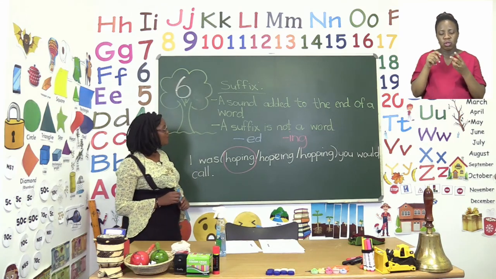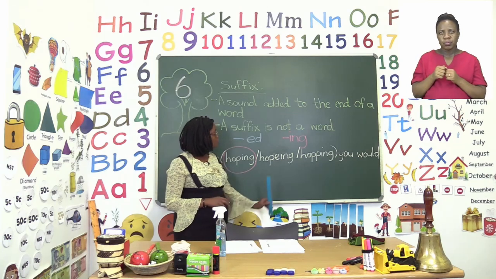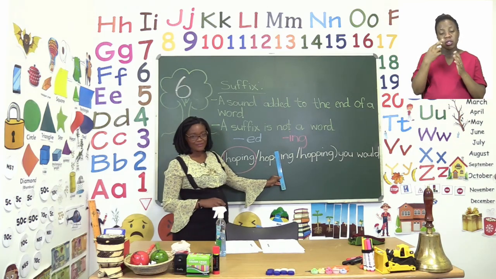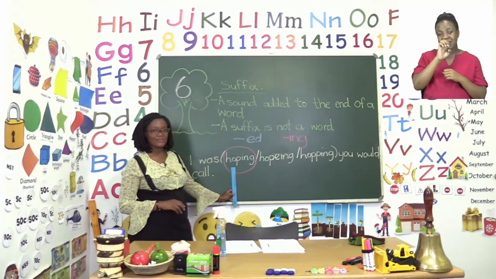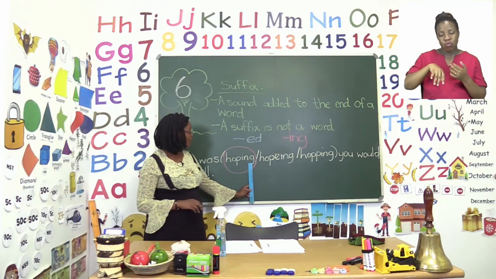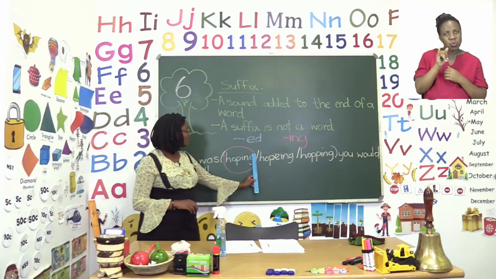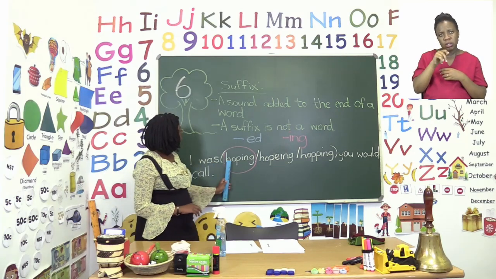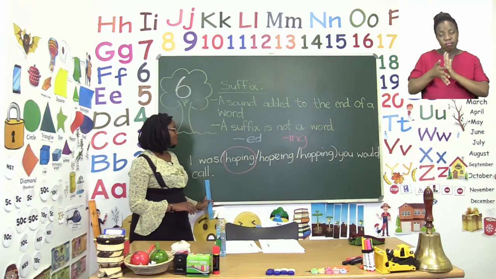Well, remember when we were dealing with ing, we said the rule is to remove the e and add ing. So this one goes to the first option of spelling, hoping. That is the one that we have circled. Now let's read it together. I was hoping you would call.